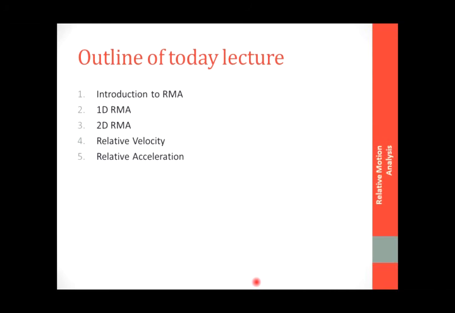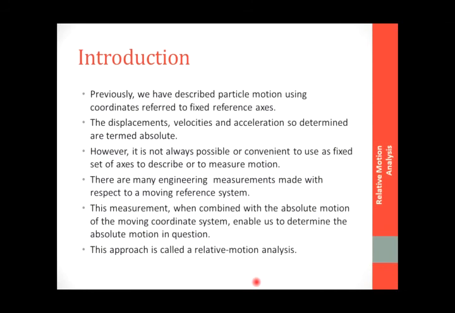The outline of today's lecture is introduction to RMA, one-dimensional RMA, two-dimensional RMA, relative velocity and relative acceleration. As an introduction, previously we have described particle motion using coordinates referred to a fixed reference axis.